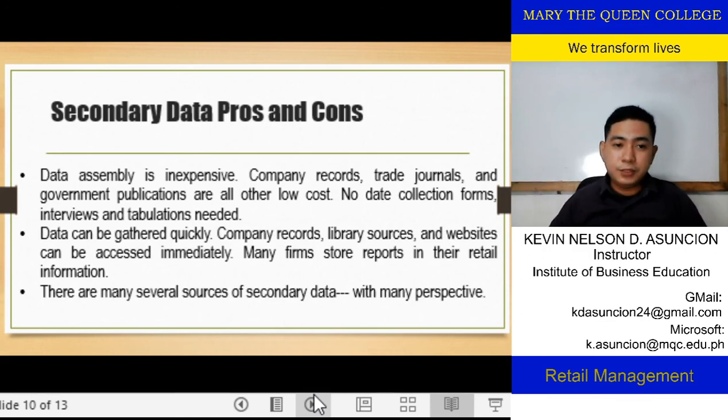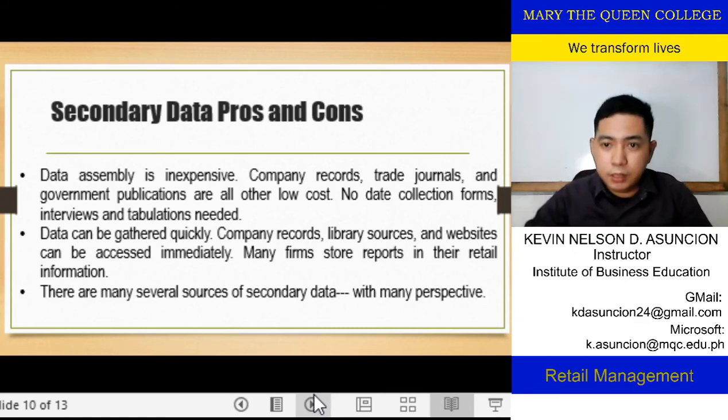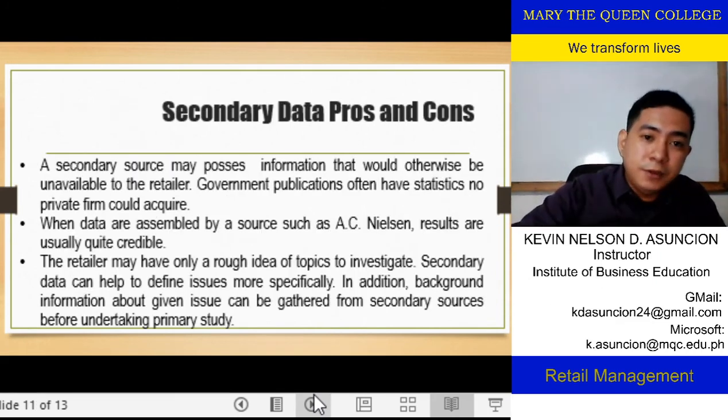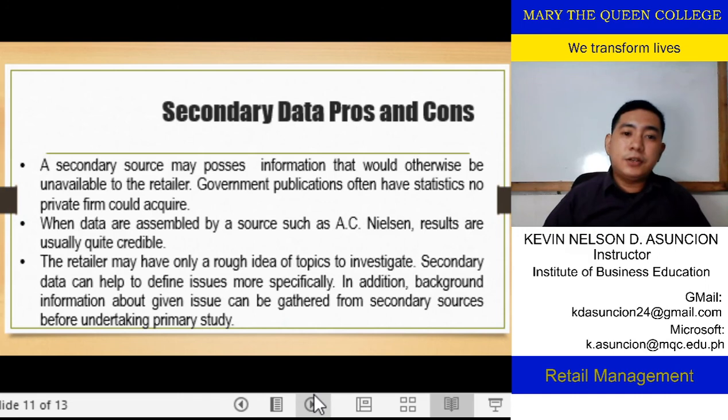As I mentioned earlier, there are several other sources of secondary data, and with many perspectives. So that might be used in other perspectives. Secondary sources may possess information that would otherwise be unavailable to the retailer. So government publications often have statistics no private firm could acquire.